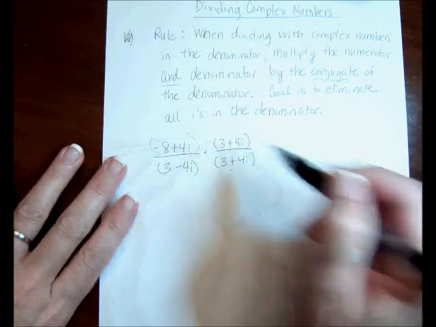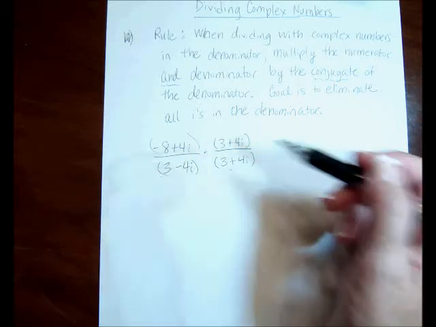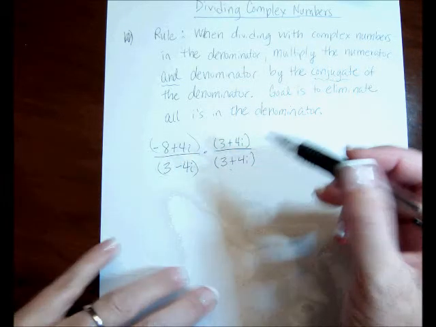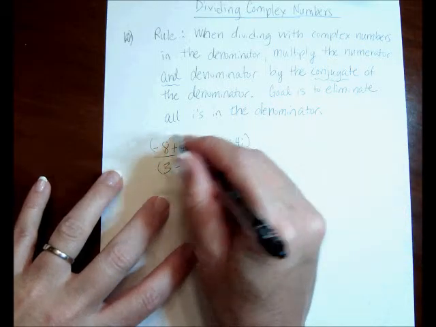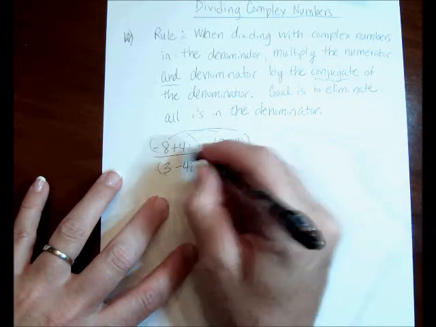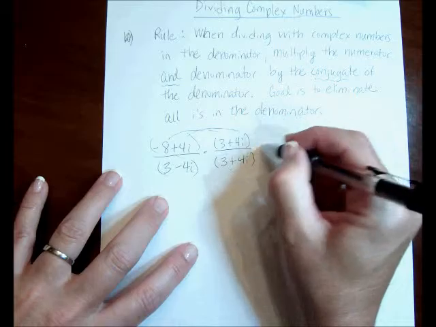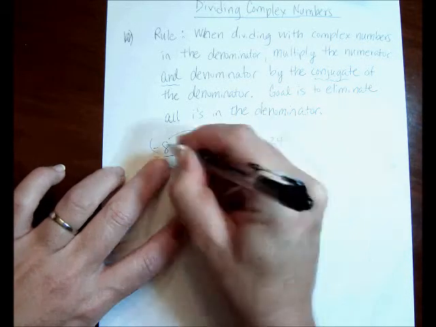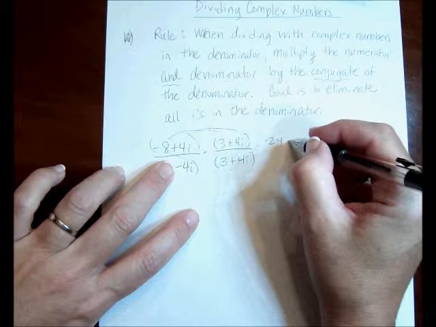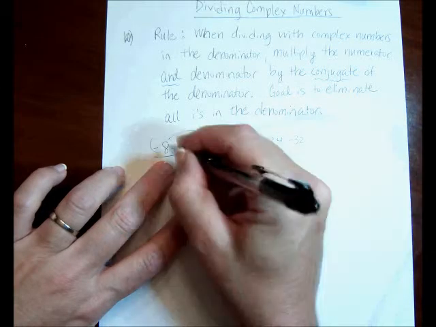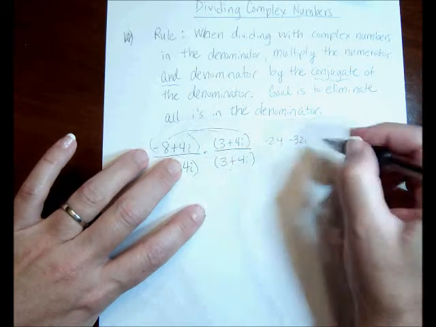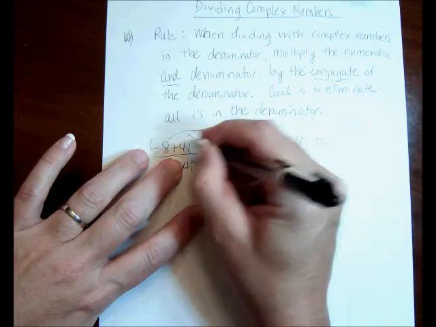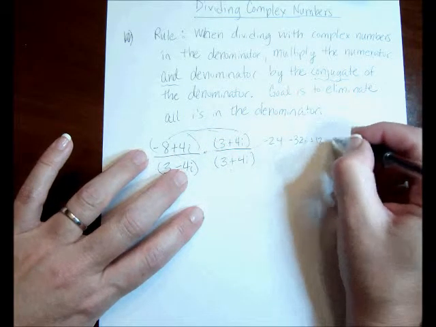So I am going to have to now FOIL or distribute to both the numerator and the denominator. So we have to go ahead and do that. And that's going to end up being negative 24, and then minus 32i, and then plus 12i, and then plus 16i squared.